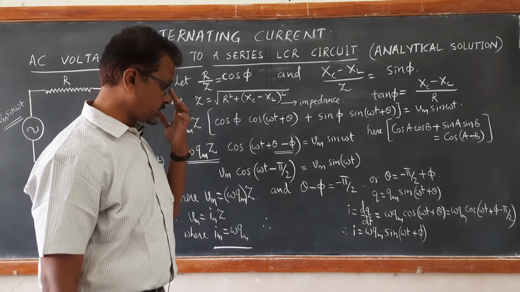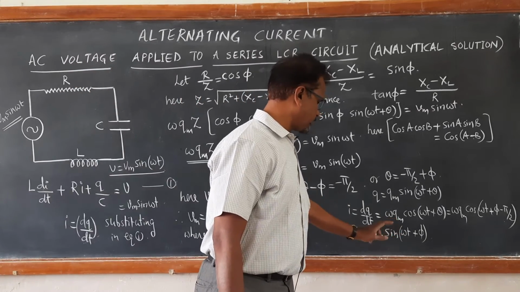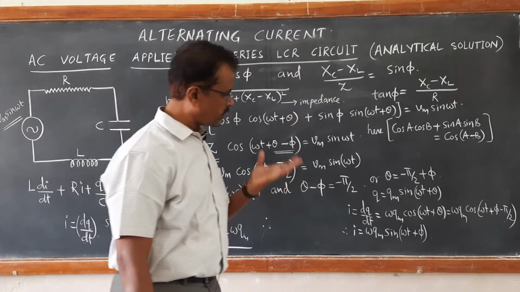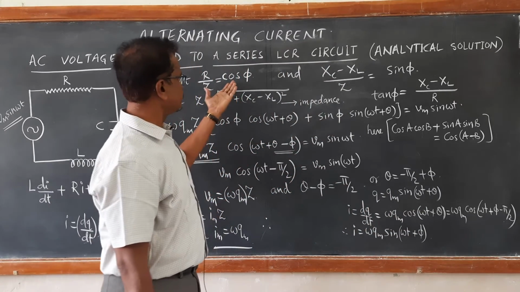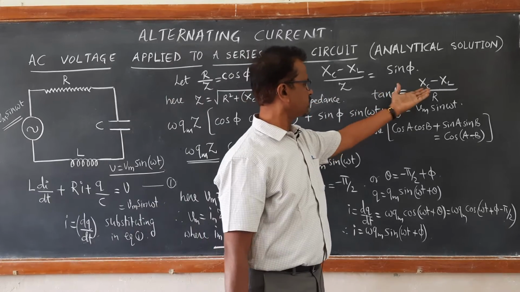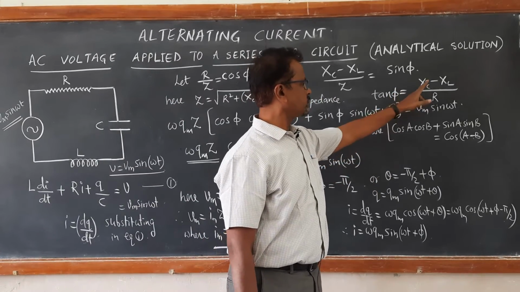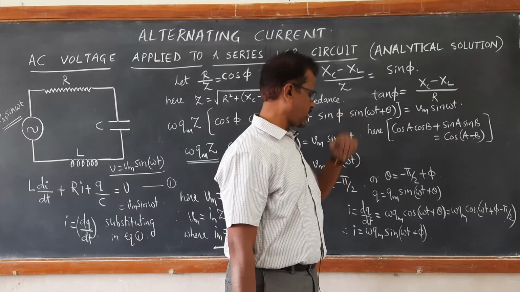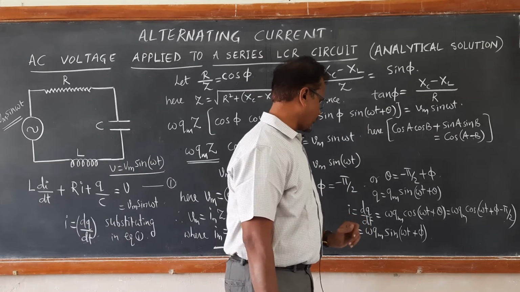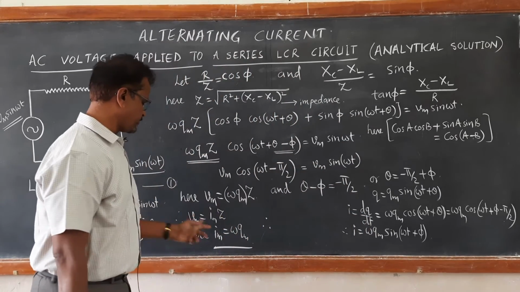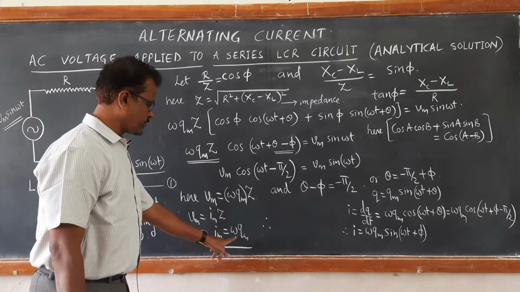So current is leading ahead of the voltage by phase angle phi, and we got the equation for phi: tan phi is equal to this. So phi is equal to tan inverse of (xc minus xl) by r. And what is the peak value of current? Peak value of current is omega qm.